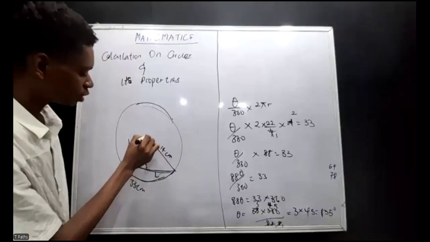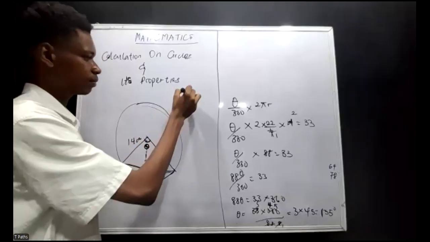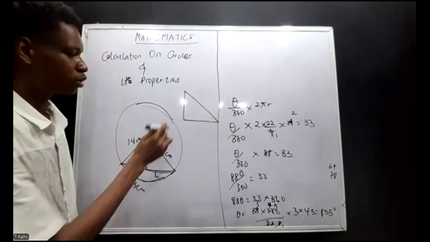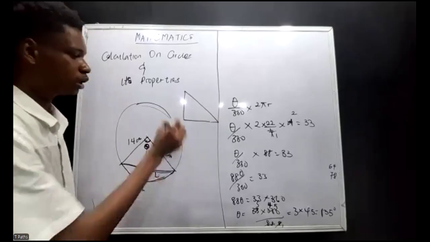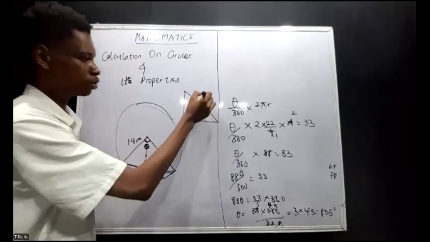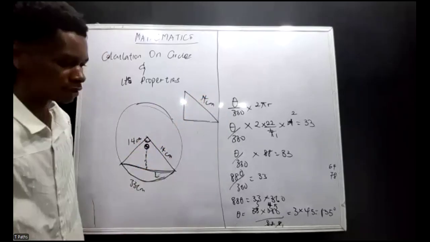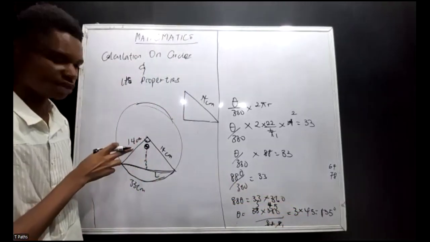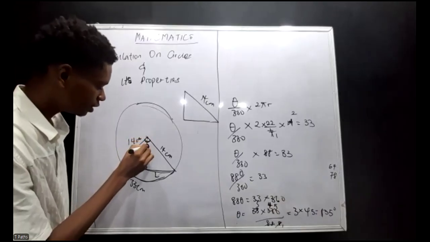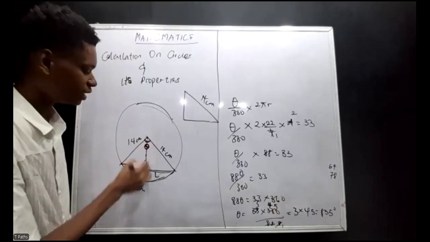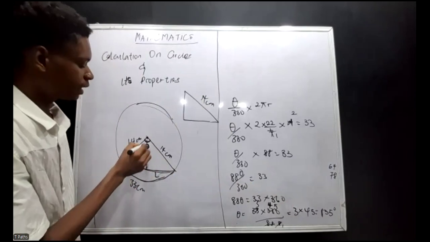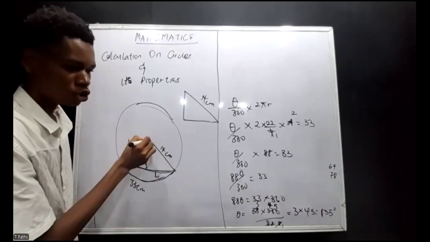Now let's see how we can do that. If we draw out what we have here, this becomes a right angle triangle. And from the last class, we know how to use Pythagoras theorem to solve for each side of a right angle triangle. So here is 14 centimeter. We just calculated that the angle subtended at the center is 135 degrees. Since this vertical line divides this triangle into 2, this angle will also be divided into 2.